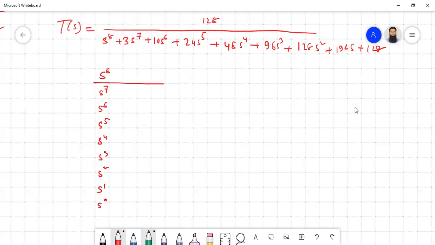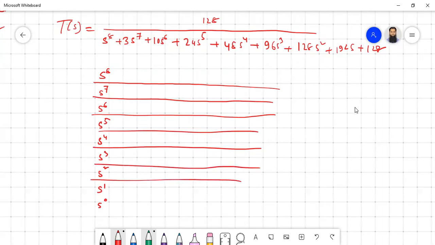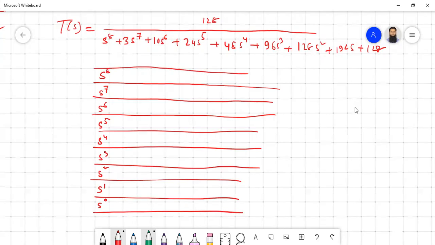Now, from the table, it is 1, 3, 10, 24, 48, 96, 96, then we have 128, 192, 128.